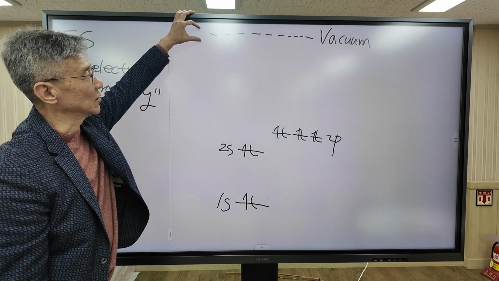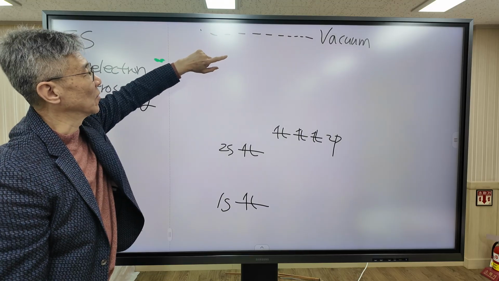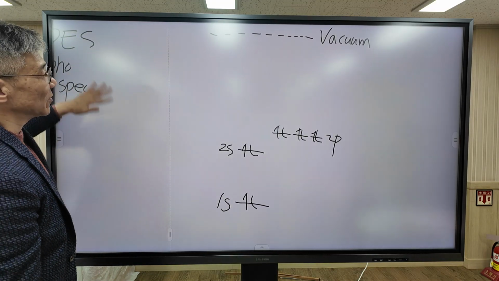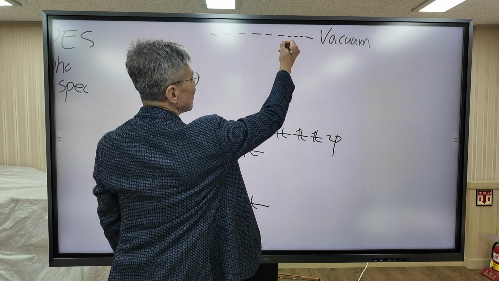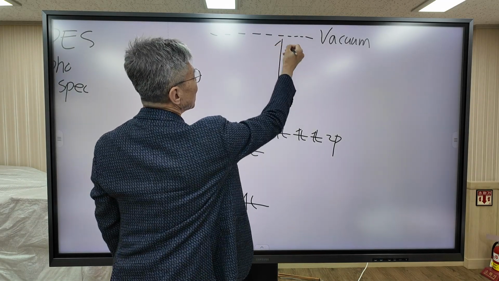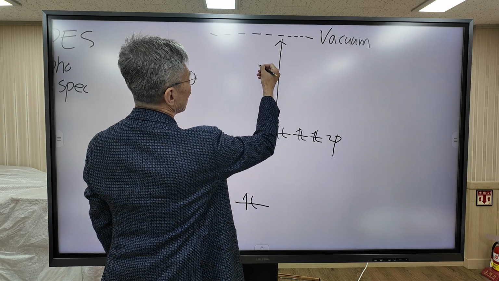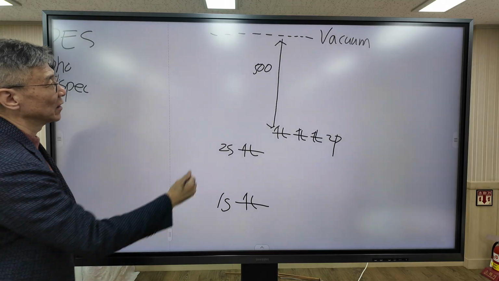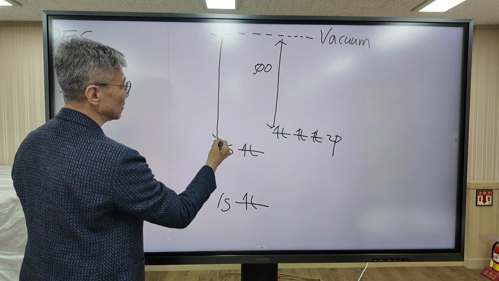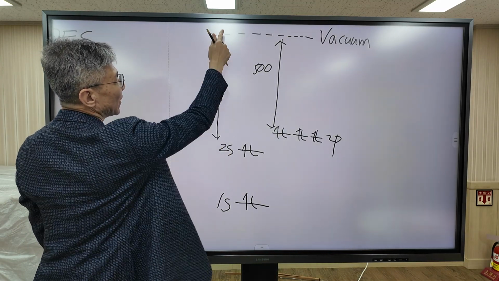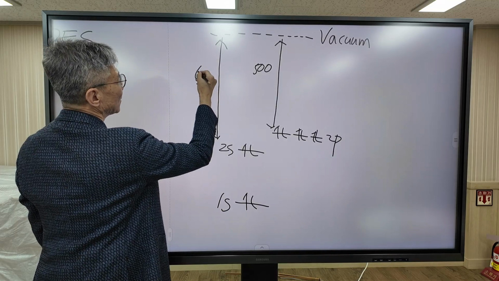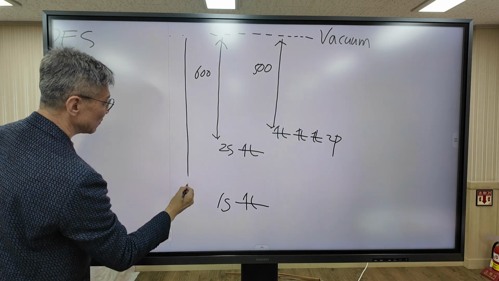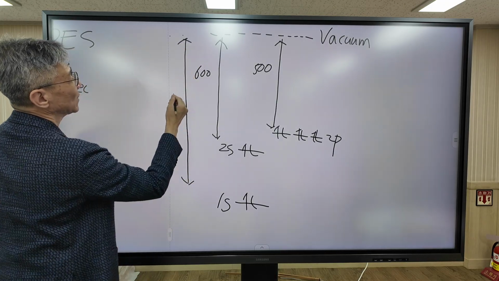The electron is actually ionized when it goes to the vacuum state. So let us assume that the energy gap from the vacuum state to the 2p orbital is 500 units. The gap between the 2s orbital and the vacuum state is 600, and the energy gap between 1s and vacuum is 800 units.